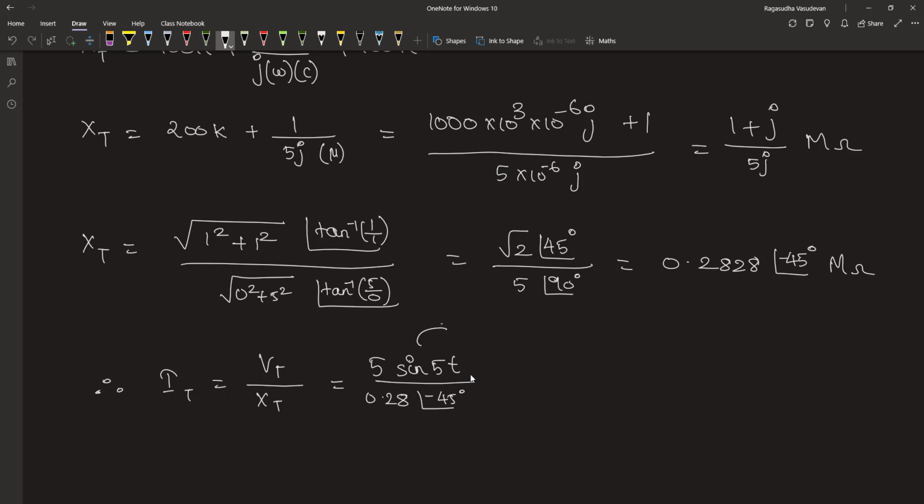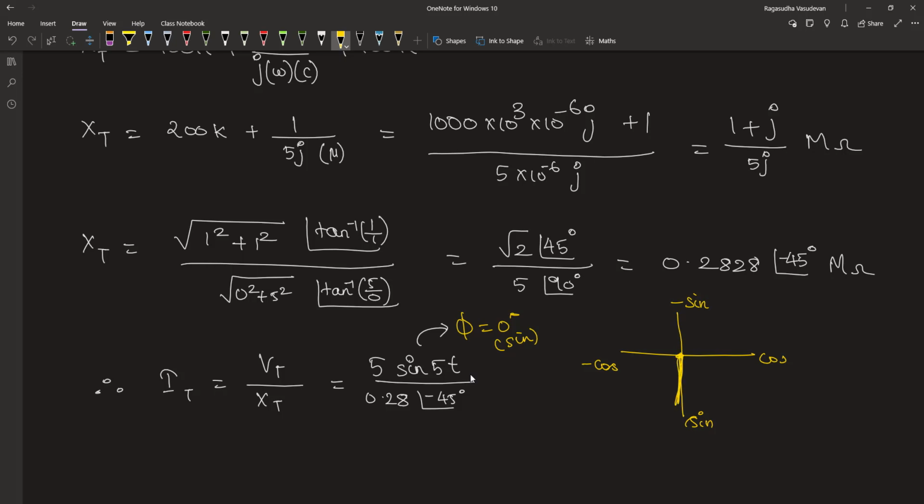Let's convert this in terms of polar form. The phase angle of this is equal to 0 degrees from sine axis. So this is the cos axis, this is the minus sine axis, this is the minus cos axis, and this one is the sine axis. So the angle lies over here.